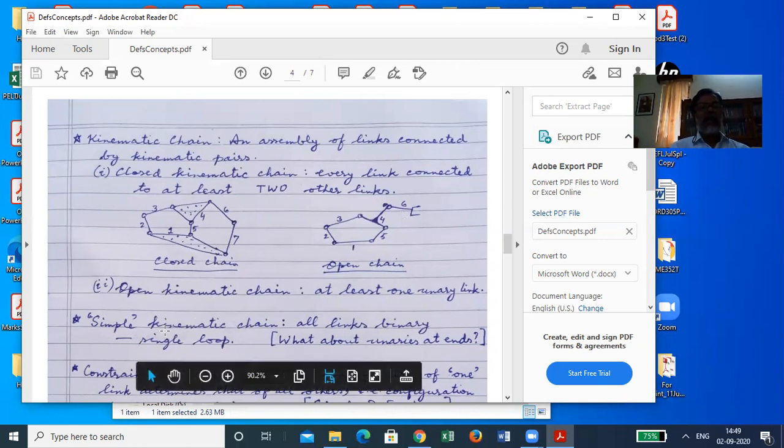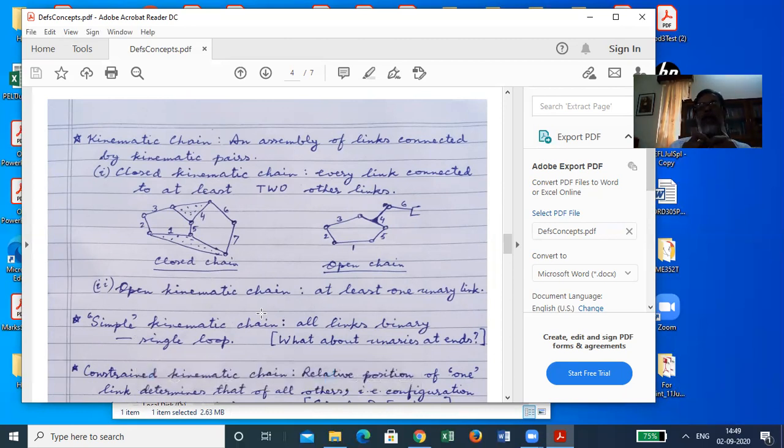Now there is another term called simple kinematic chain. All links are binary, and that means what? With link 1 you connect link 2, with link 2 you connect link 3, and like this. You have to go all the way to connect the last link to the first one again, and that only will give you a kinematic chain with all links binary, and that means it is a single loop.